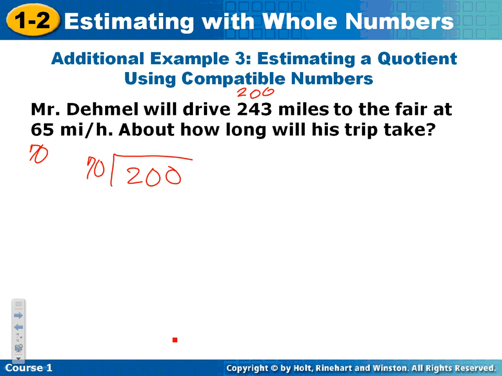Watch this, though. What if I did this? Does that work well together? That's compatible numbers. I just chose two numbers that are close to our real numbers, but they work well together.